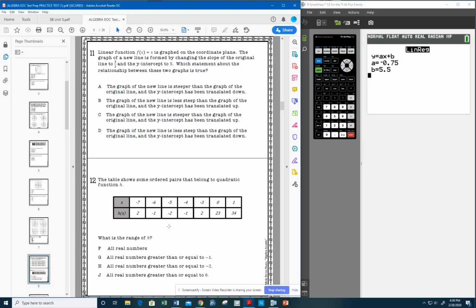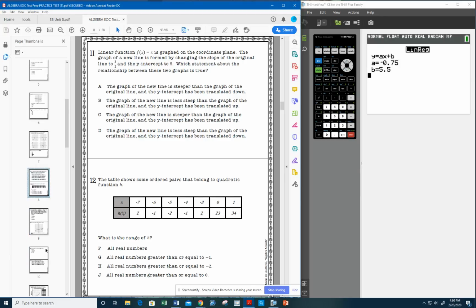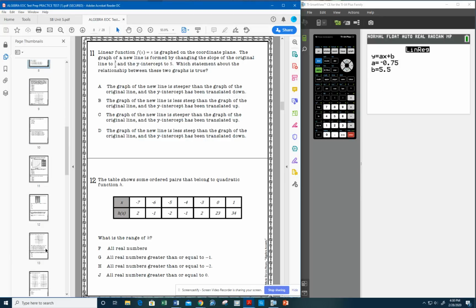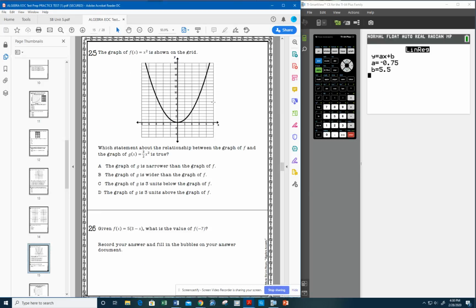Number 25 is next. And number 25 gives us the graph of a parabola. And it wants to know about the relationship between the graph of f, this parabola, and the graph of 3/2 x squared.